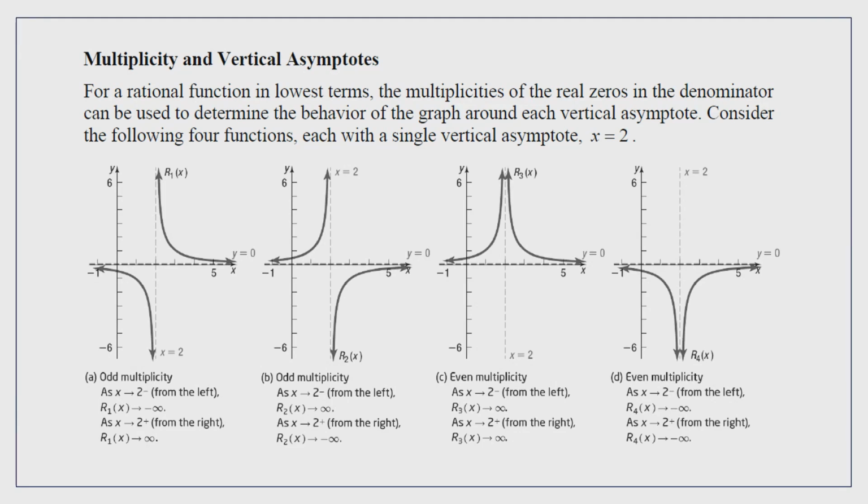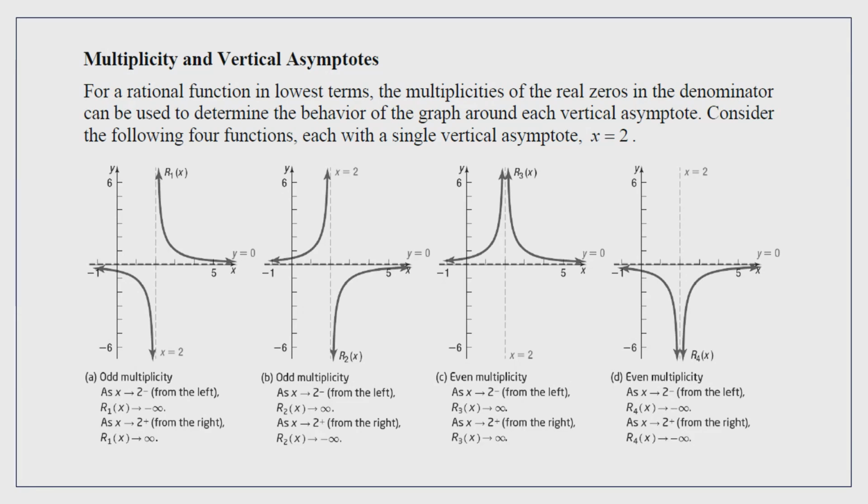Note that as x is approaching 2 from the left, our y, or our r of x, is approaching negative infinity. Now, as our graph is approaching 2 from the right, then our y is approaching infinity. So it's going in opposite directions as it's approaching our vertical asymptote. This is an odd multiplicity. Another representation of odd multiplicity is kind of the reverse of that.